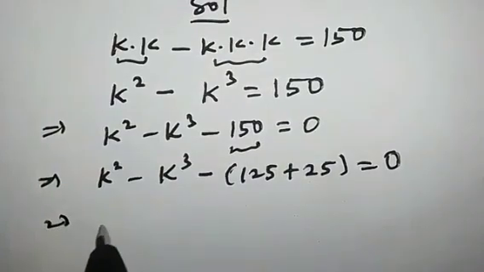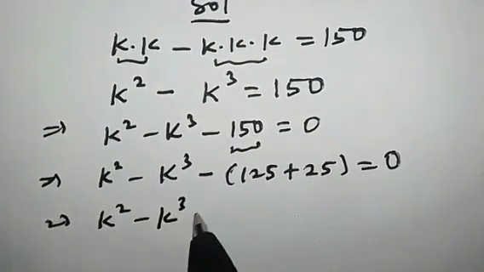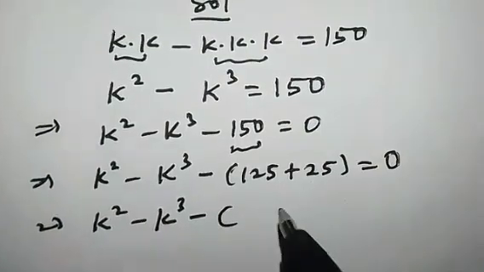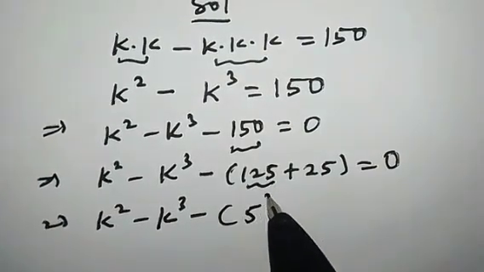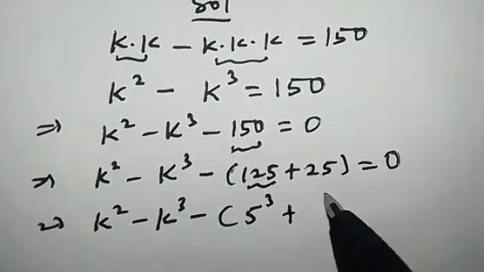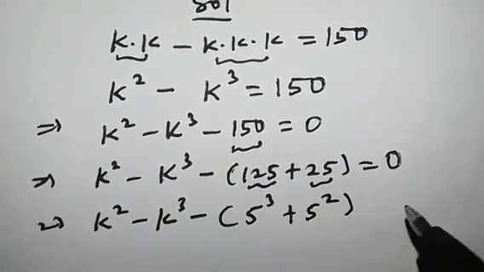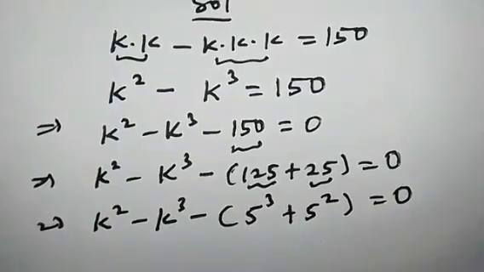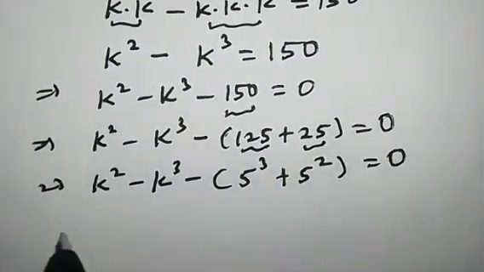So we have k square minus k cube minus, we can also rewrite 125 as 5 raised to 3 plus 25 could be written as 5 square, close the bracket, equal to 0. Let's continue.